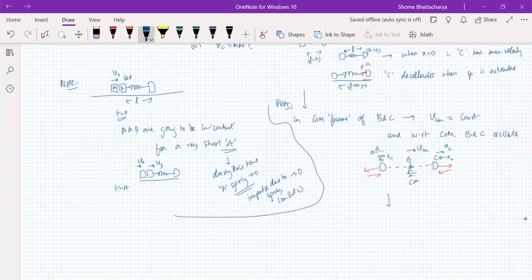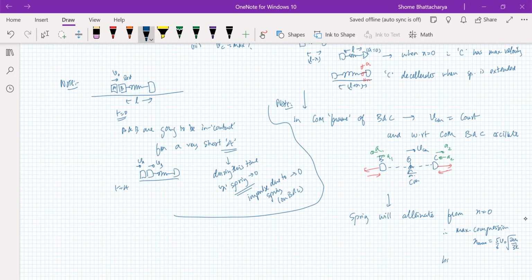So you can see that the spring will alternate from x equal to 0 to maximum compression, x max equal to that value that we had calculated, which was 5 by 6 v naught square root 2m by 3k.